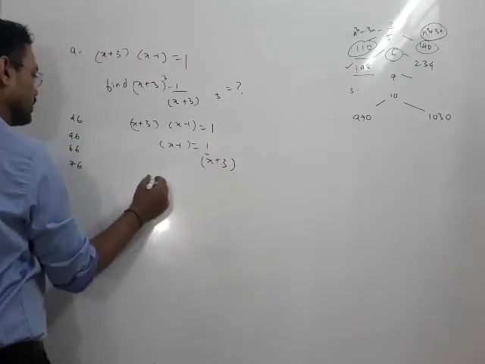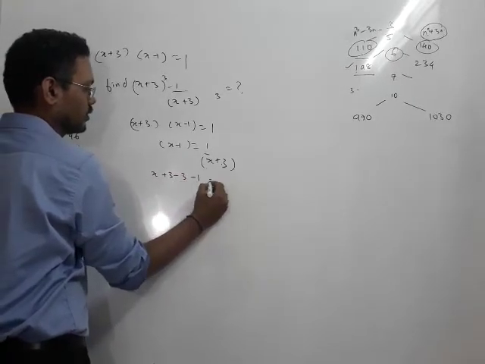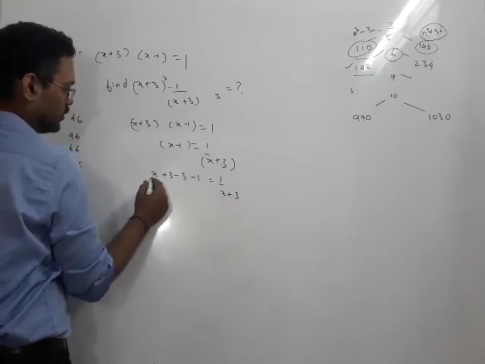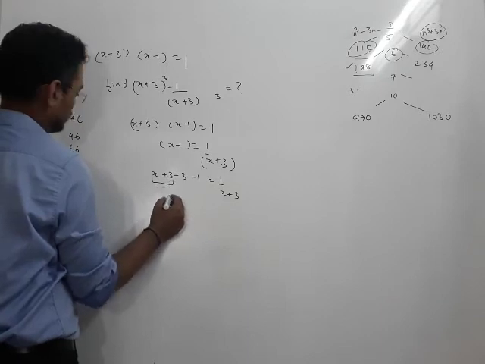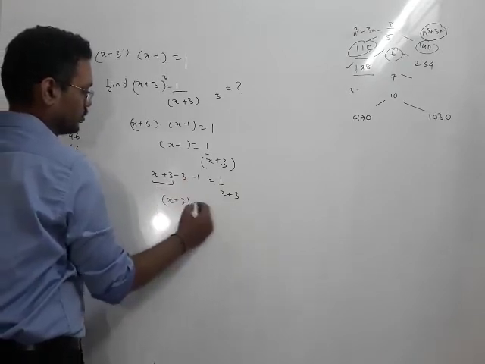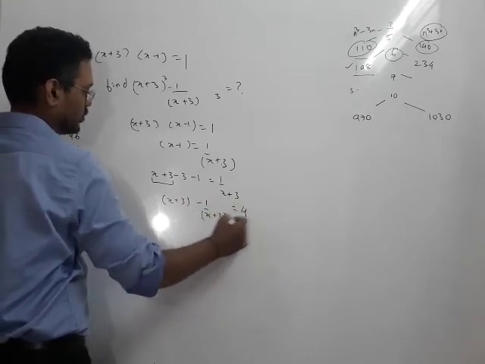So it becomes nothing else but x plus 3 minus 1 upon x plus 3, which is nothing else but 4. So x plus 3 minus 1 upon x plus 3 is 4.